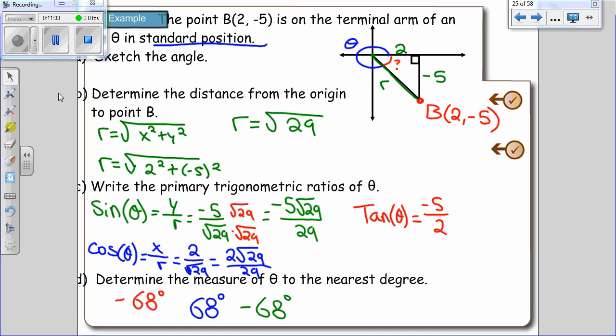So to pick the right ratio when calculating angles, you're going to use the CAST rule. Which quadrant was our triangle in? It was in quadrant 4, which was the C, so you should use the cos ratio. Notice that the cos ratio is the one that gave us the positive 68.